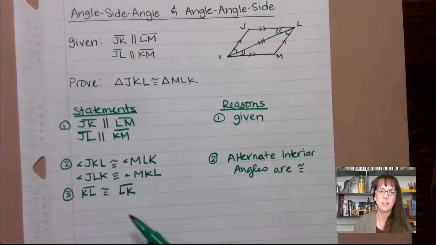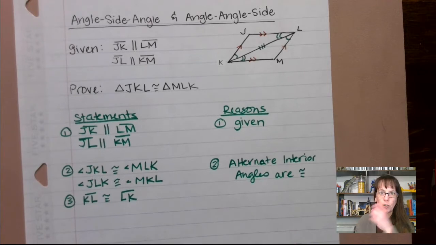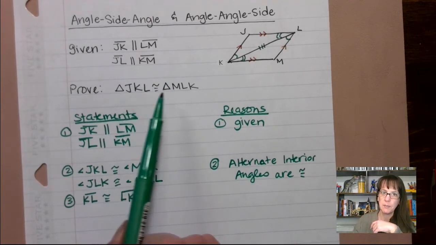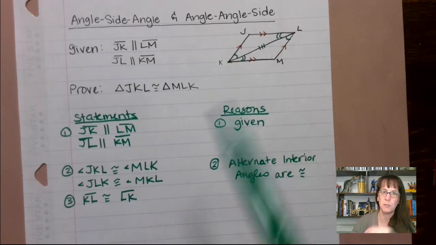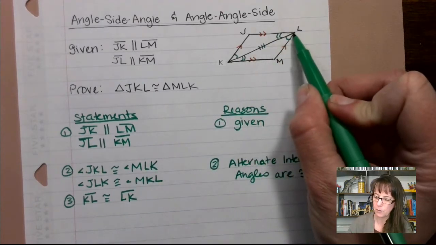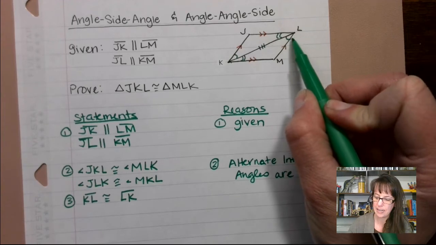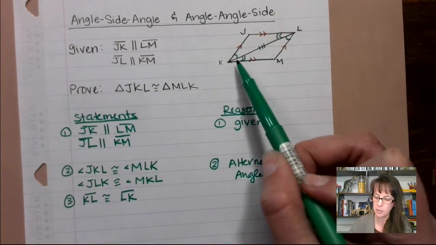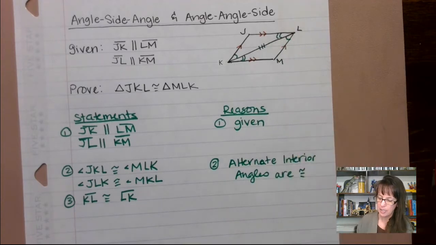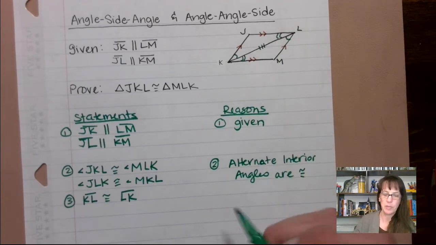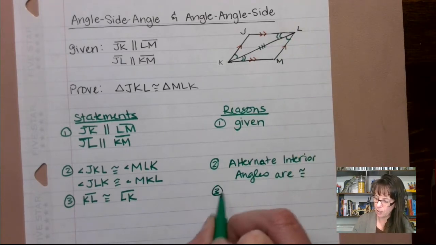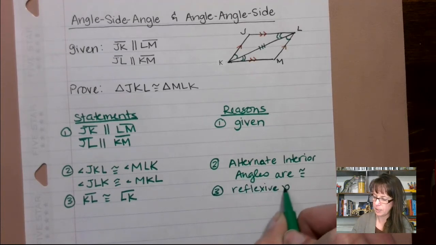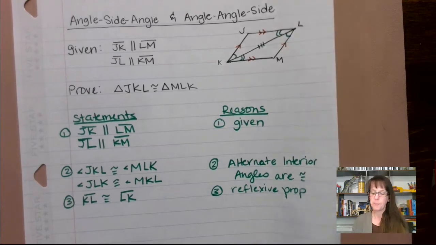And notice I had to use those in a different order, and that's because of the way the triangles go when we do our congruency statement: you'll see that we go from the 1 dash of the angle to the 2 dash on the bottom triangle, and then on the top triangle we go from the 1 dash to the 2 dash. So we need to make sure that we're doing that correctly. All right, so those are congruent because of the reflexive property of congruence, or reflexive property.